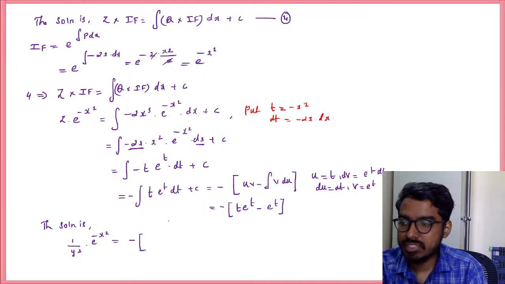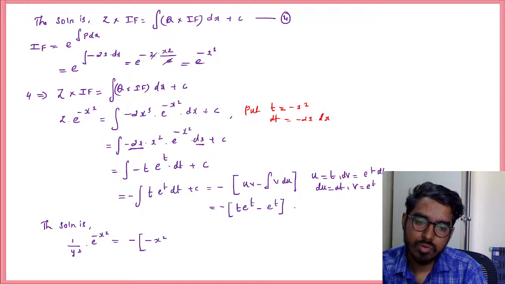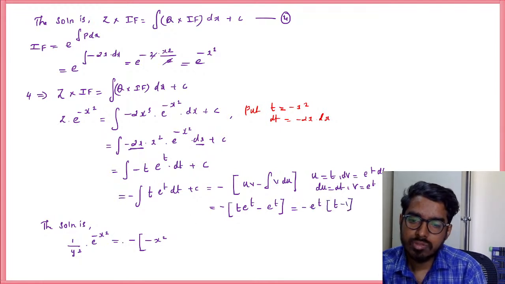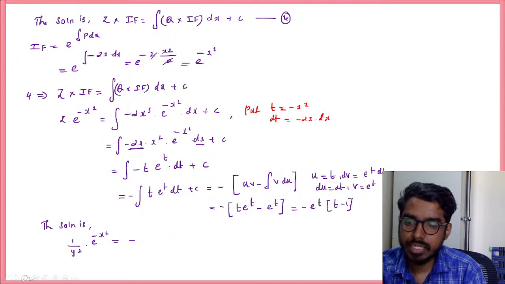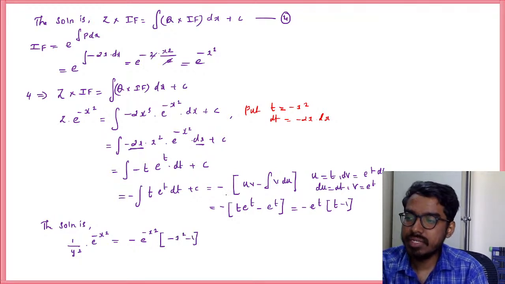So t is minus x square, right? So minus x square. I can take this e power t outside. So e power t is minus x square into t minus 1. Right? The required solution.